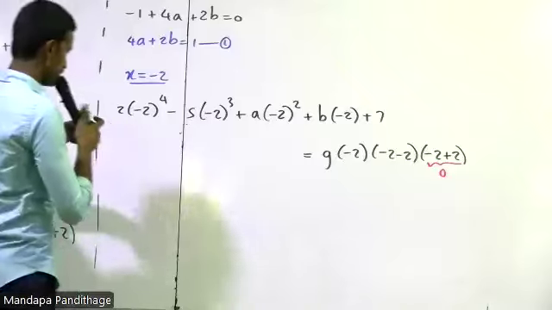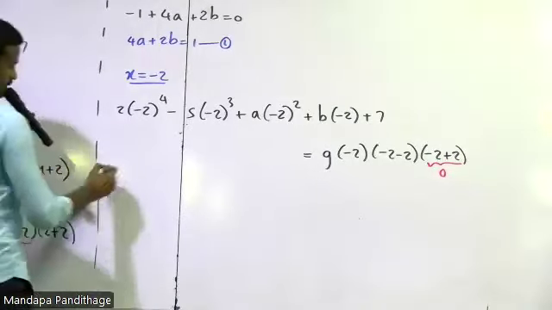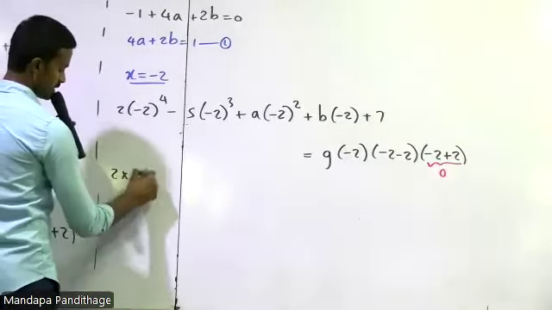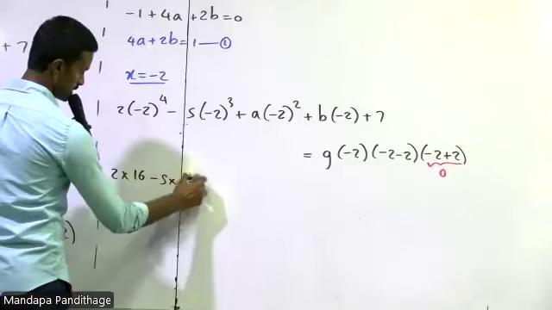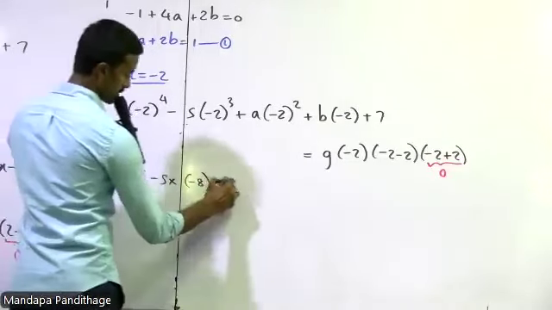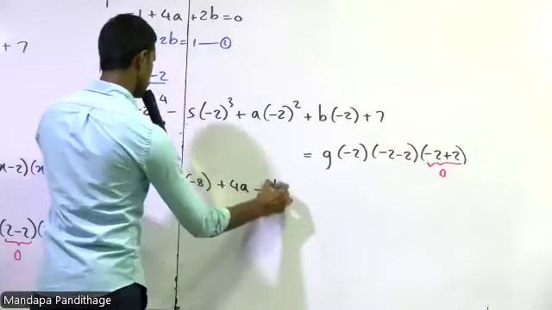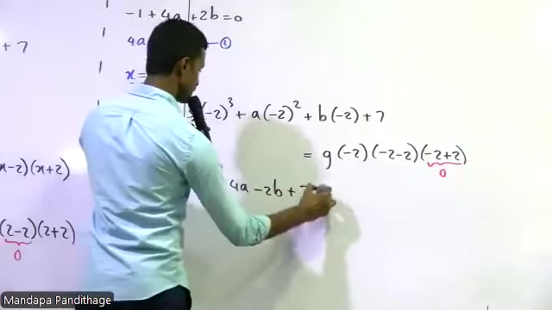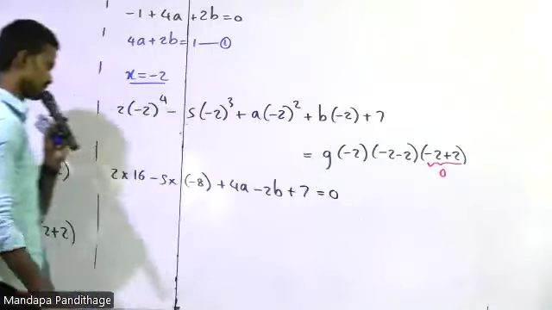Okay, now when you simplify, 2 into 16 minus 5 into minus 8 plus 4a minus 2b plus 7 is equal to 0.